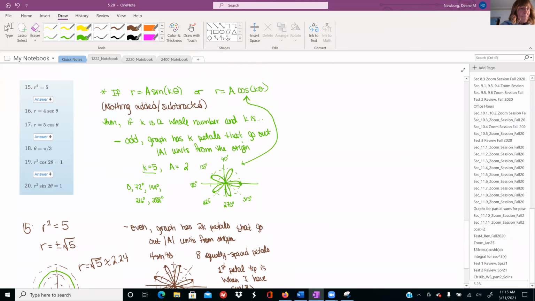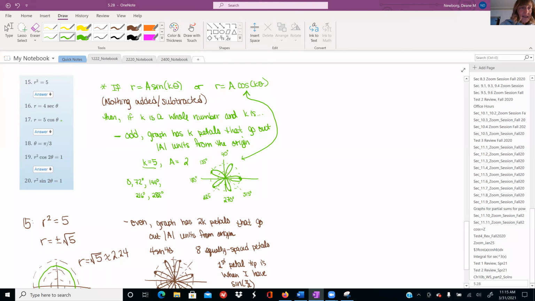5 cosine theta. This fits that pattern. The only thing is this circle only has one petal because the number in front of theta is 1, which is a whole number, and 1 is odd. So it would just have one petal.